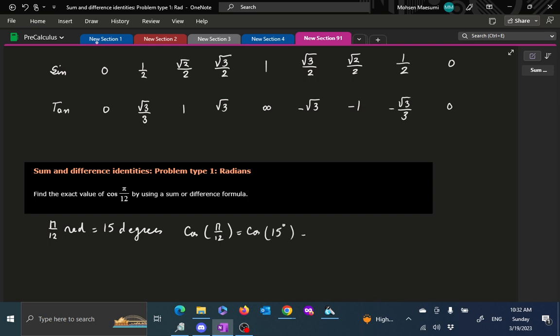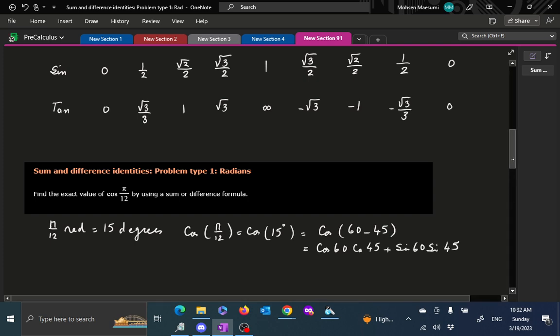And then, for example, how can you write 15? One option is cosine of 60 minus 45. And then apply the formula we had last time, which we are going to use again today. It's cosine of 60, cosine of 45, plus sine of 60, sine of 45.